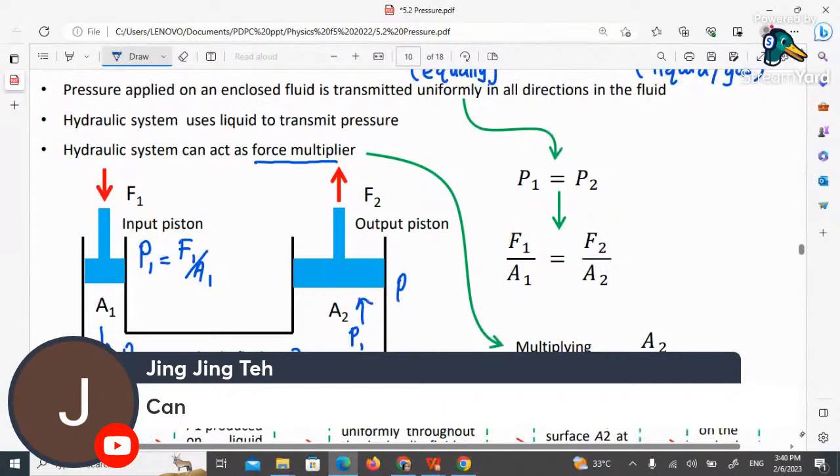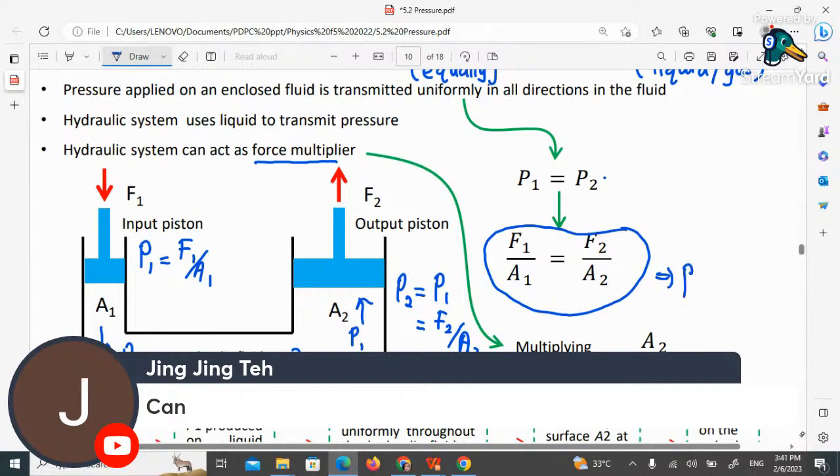Pressure acts at the second piston, P2 actually equals P1. Pressure at P2 equals F2 over A2. So according to Pascal principle, P1 equals P2. So we get this equation, which is the formula for Pascal principle.